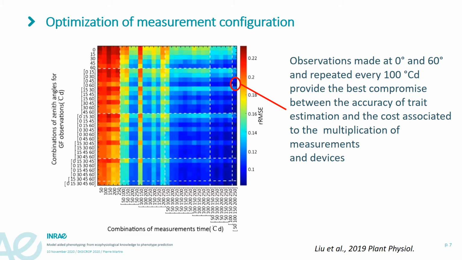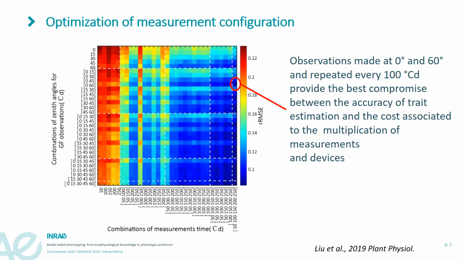The D3P platform can also be used to optimize measurement configurations. It's not possible to evaluate in the field all possible sensor configurations or measurement return times.